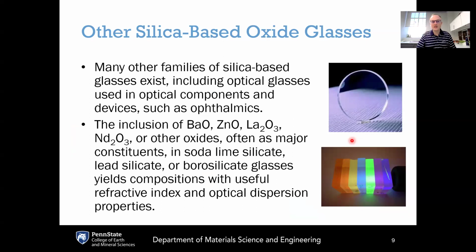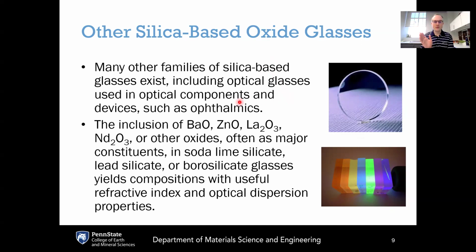Now, getting beyond silicates, there are many other types of oxide glasses that don't involve silica. An oxide glass is any glass that is based on having oxygen as the anion. And many other families of silica-based glasses exist.